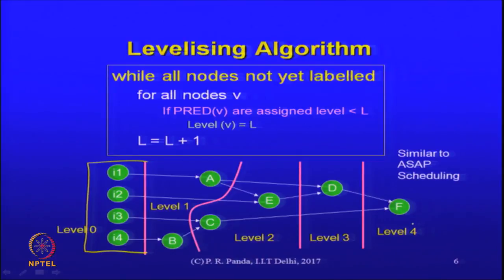This, as you can see, is very similar to that ASAP scheduling algorithm. The algorithm is very obvious. You just say that while all the nodes are not labeled, you consider the nodes one at a time, and if all its predecessors have been labeled, then you are able to label this. What label will you give it? It would be 1 plus whatever is the max level of any of its predecessors. That is all right.